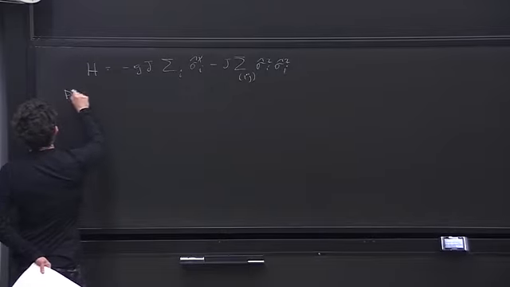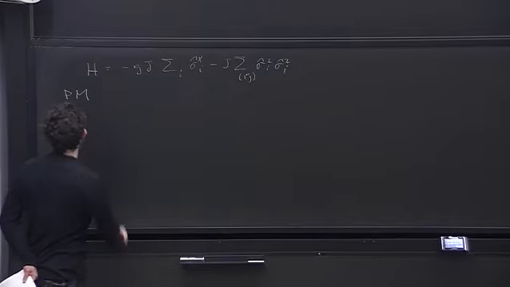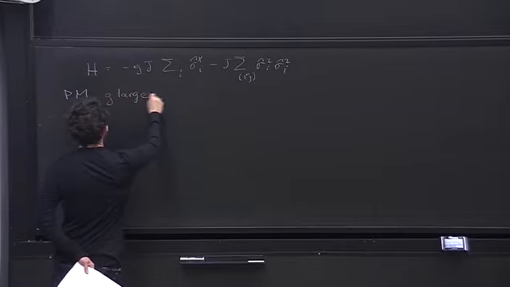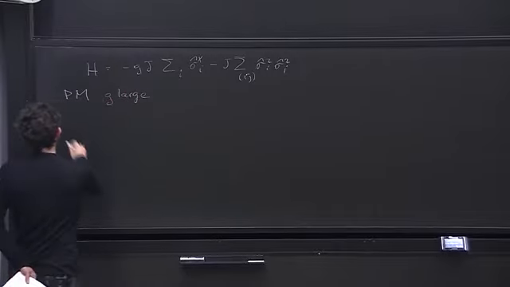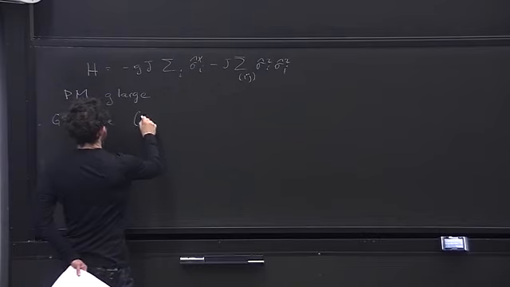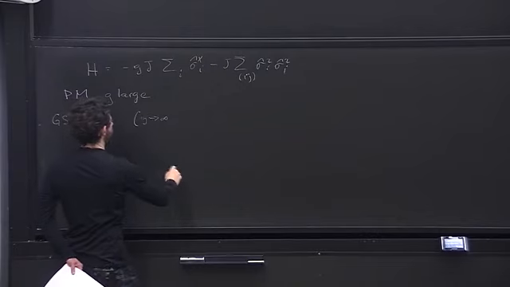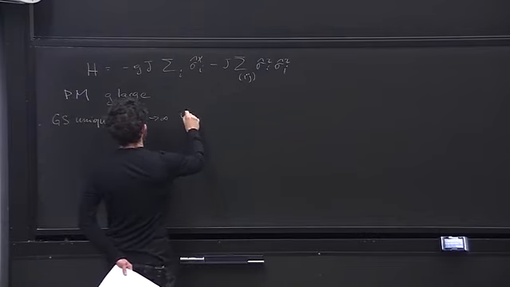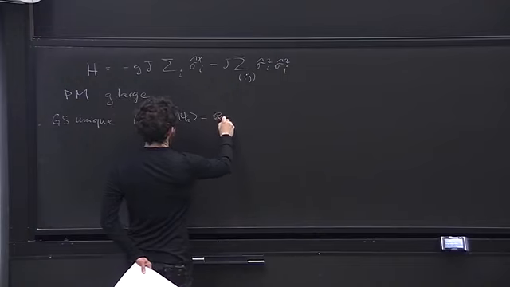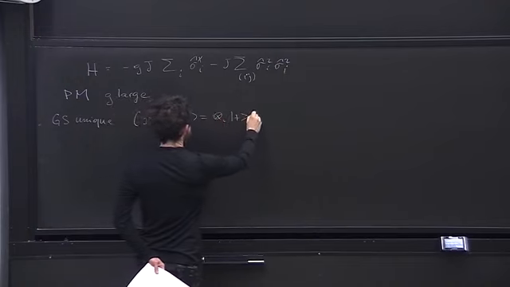So the paramagnetic phase, in which, so this is G large, in which the ground state is unique, and in the limit G going to infinity, the ground state is just the tensor product in the x direction.